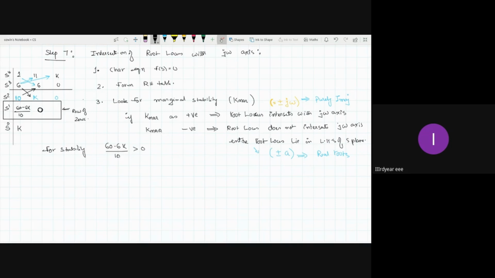So you get 60 minus 6k should be greater than 0, or 60 should be greater than 6k, or the limiting value is k should be less than 10.